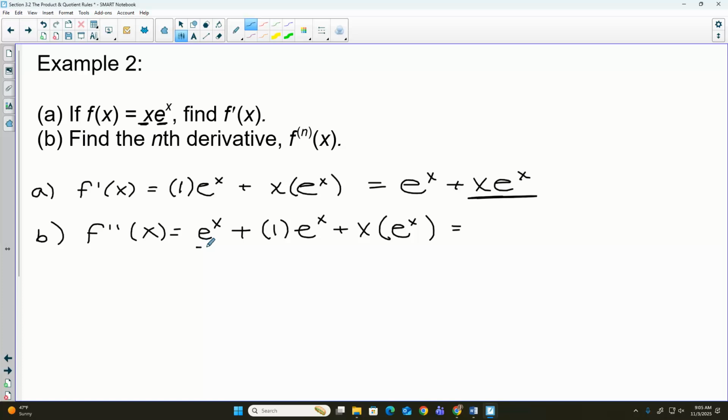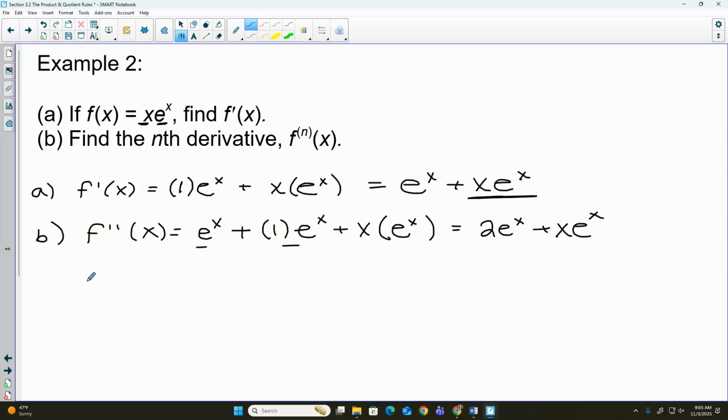So then e to the x plus e to the x would be 2e to the x plus x e to the x. Do you see the pattern? What do you think the third derivative would be?